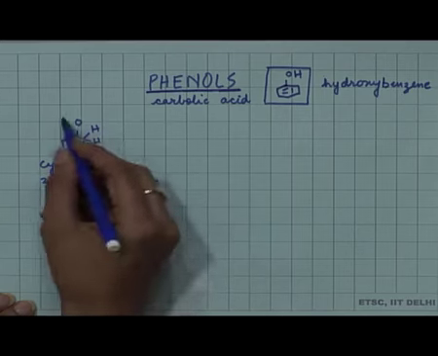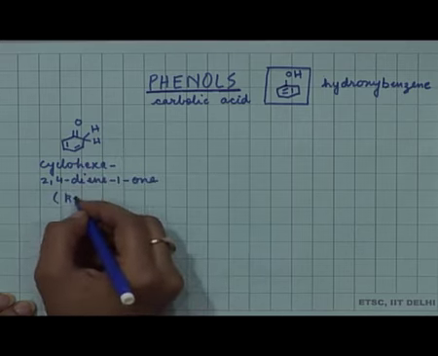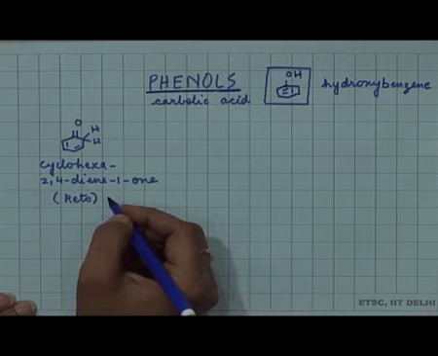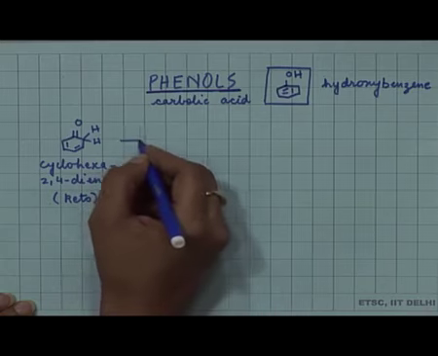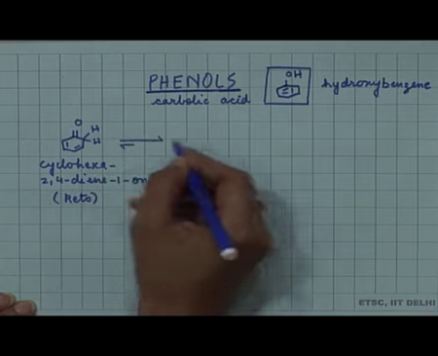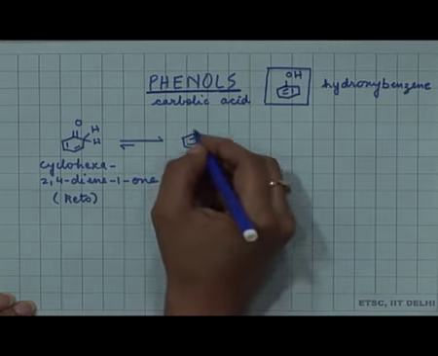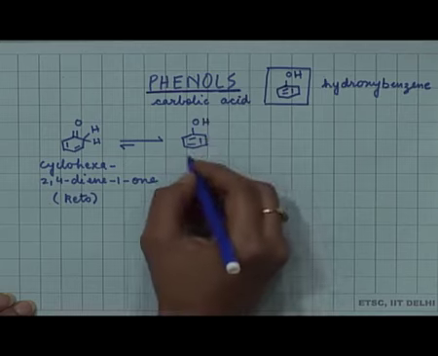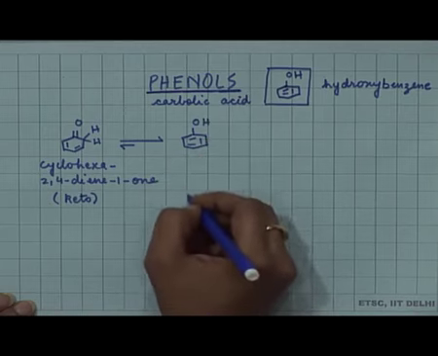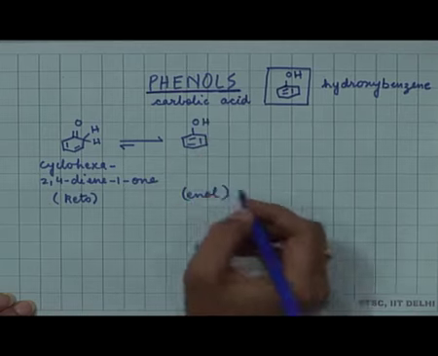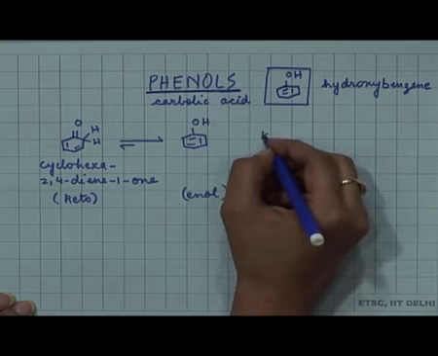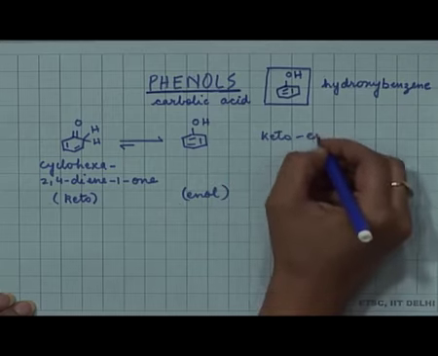So, this essentially represents the keto form of the phenol. This can change to the enolic form, which is actually the phenolic form in this case. So, this is the keto form and this is the enol form of this molecule, and this is what we call keto-enol tautomerism.